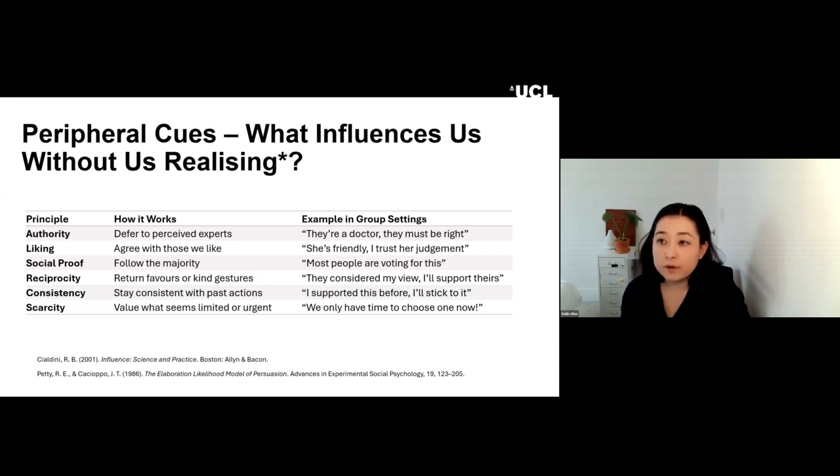In my group, there was a very experienced consultant surgeon who had a strong voice, or people just wanted to be agreeable. They were often not processing it centrally. This doesn't always lead to a bad outcome. Sometimes, if you use it wisely, you can get positive outcomes with peripheral cues, but it can limit the diversity of viewpoints.